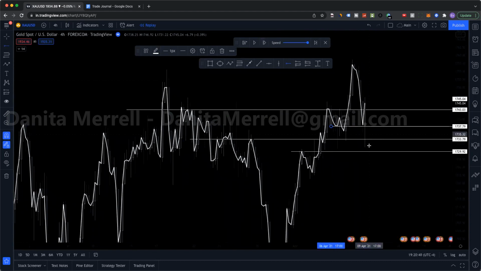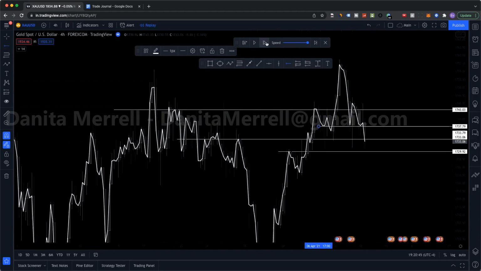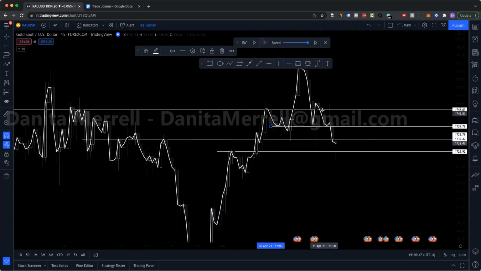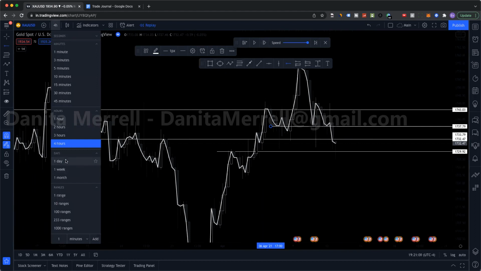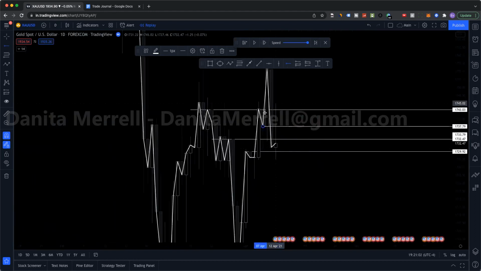Okay, we come back down to find new support. We have a push down, pulls back up into resistance to find new support. This is really hard to back test with the candles printing like that.